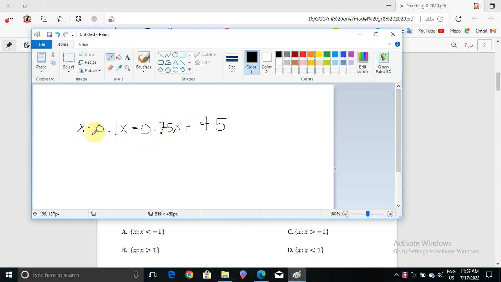So what we will do here, we will make 1 over 10, because if you jump 0, it will be 1 over 10.